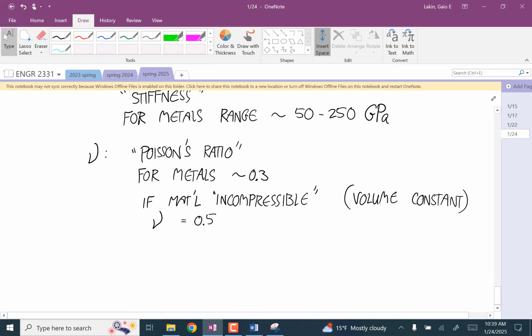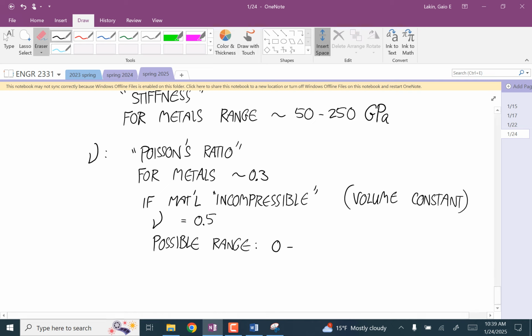Why is it like 0.5 and not 1? Well, when I give you the mathematical definition, we can show that. It's because it's defined by a mathematical formula and not by what would sort of make sense. The range of possible values is 0 to 0.5.